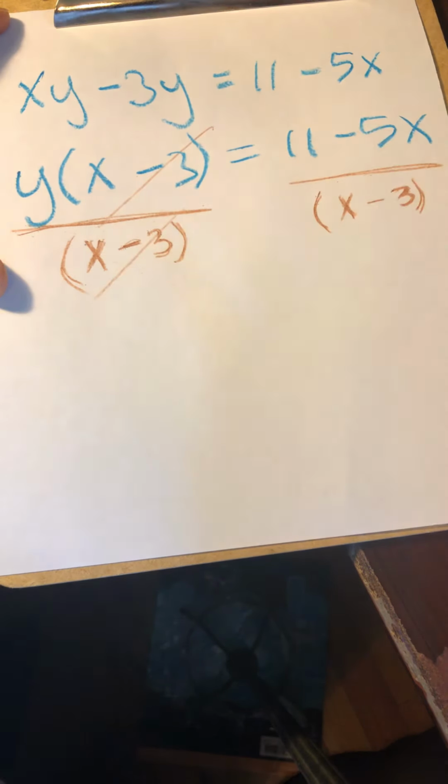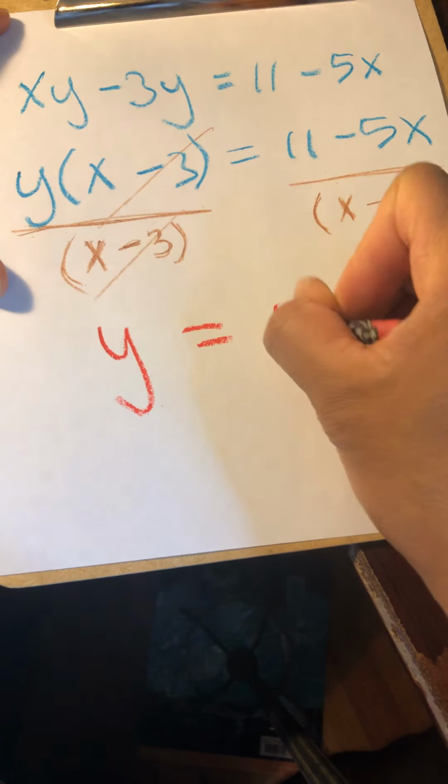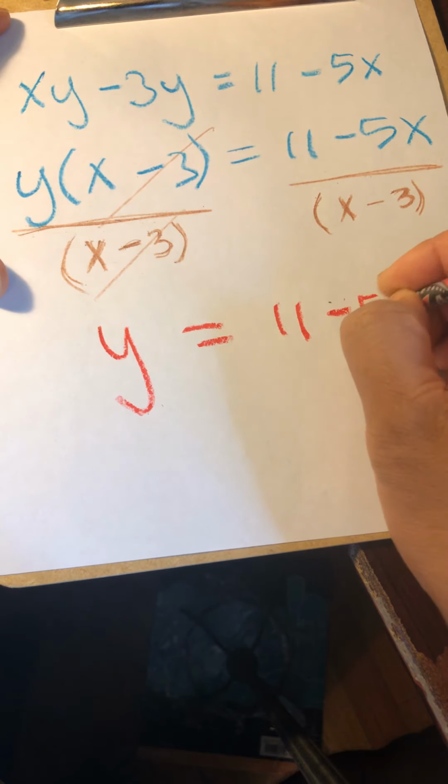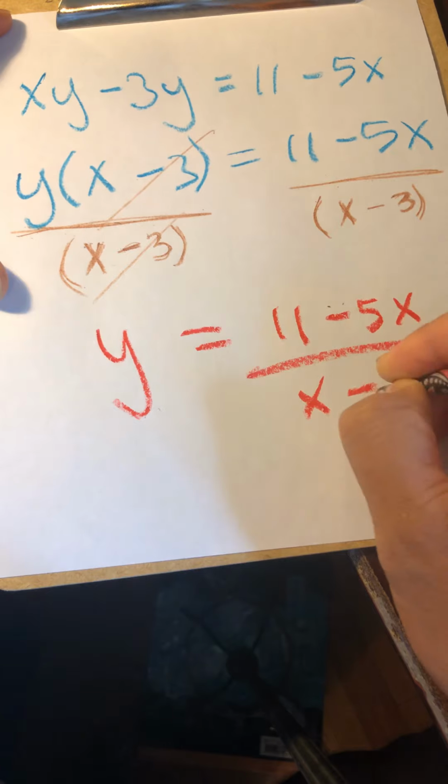This cancels out, and indeed I get what I was looking for. I get something in terms of y. So y is going to be 11 minus 5x over x minus 3.